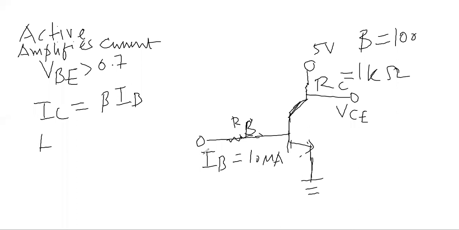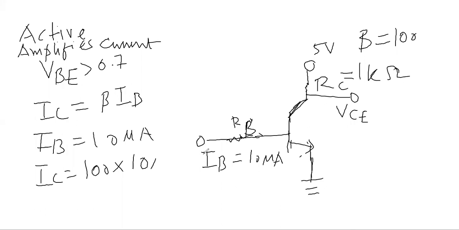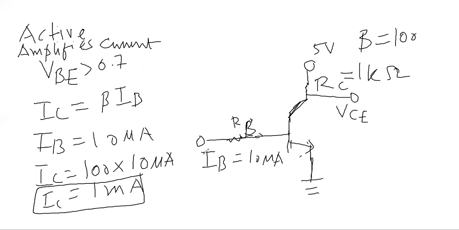So if IB is 10 microampere, IC will be equal to 100 multiplied by the value of IB, which is 10 microampere. So IC will be equal to 1 milliampere.